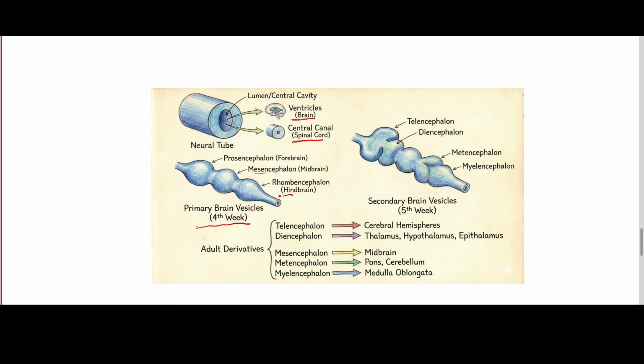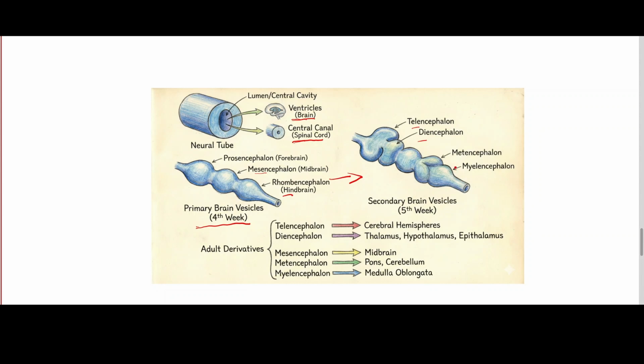Around the fifth week, there is further subdivision of these primary brain vesicles. The prosencephalon divides into telencephalon and diencephalon.